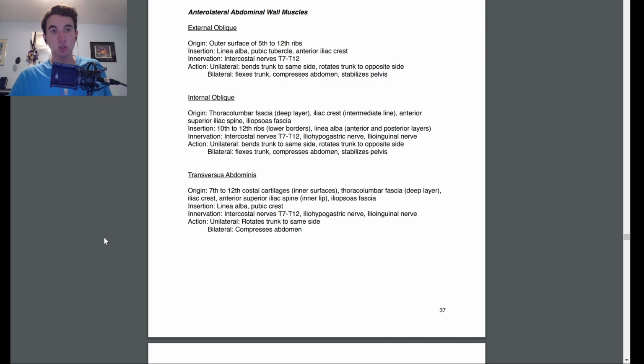Now we have the transversus abdominis, which originates at the 7th to 12th costal cartilages, the inner surfaces, and the thoracolumbar fascia, the deep layer, the iliac crest, the anterior superior iliac spine, the inner lip of it, and the iliopsoas fascia.